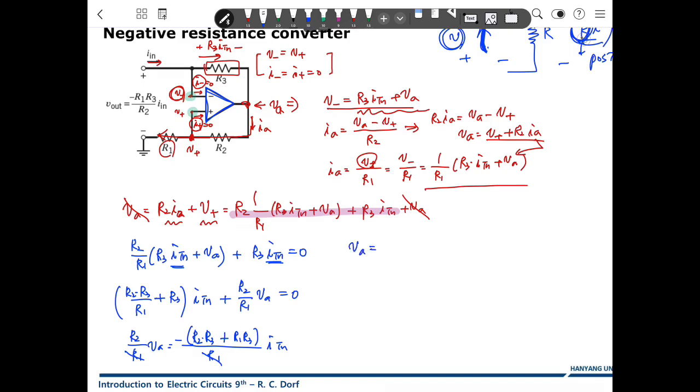Therefore V_A goes to minus (R2 R1 plus R2 R3) I_in.